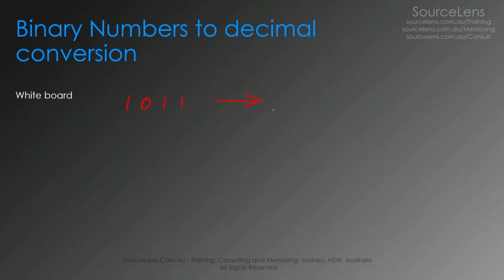We have seen the operations: 1 into 2 raised to 0 plus 1 into 2 raised to 1 plus 0 into 2 raised to 2 plus 1 into 2 raised to 3. We have seen this in the first demo.